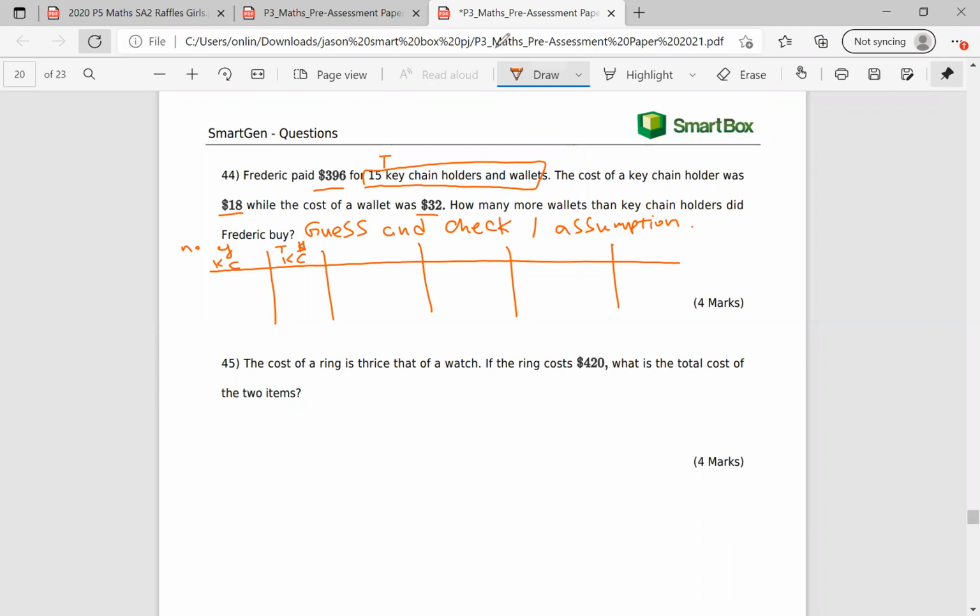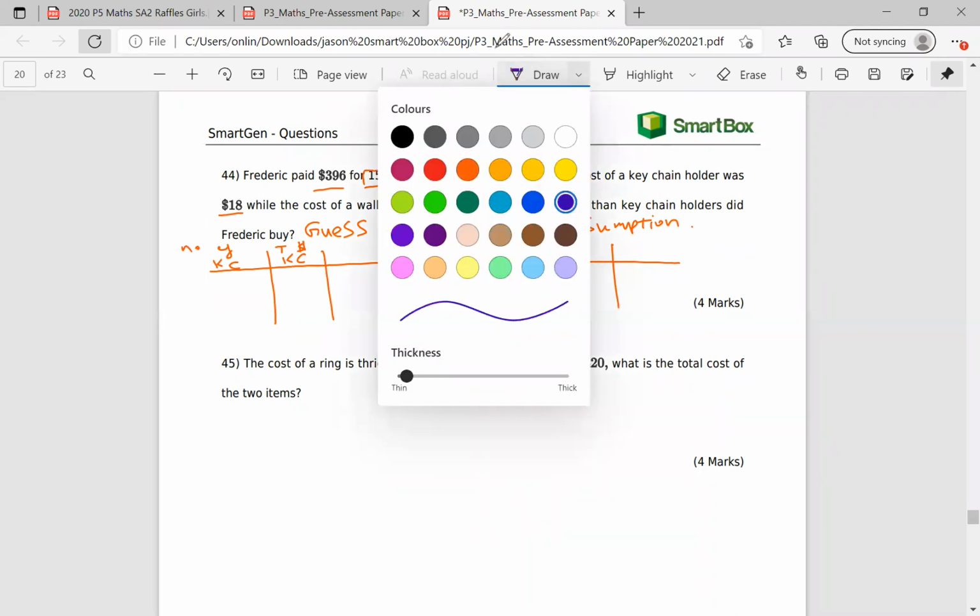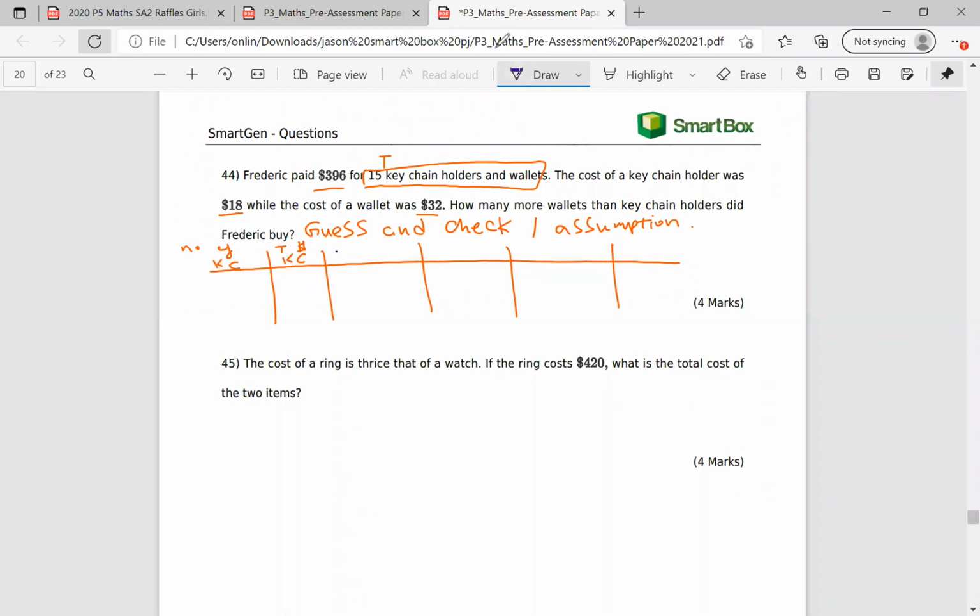And then I will change color for the other one so that we don't get confused. So the other thing here we have is the number of wallets. So this is the dollar total amount of money for the wallets, and this is the total money. This is the correct or wrong checking part.